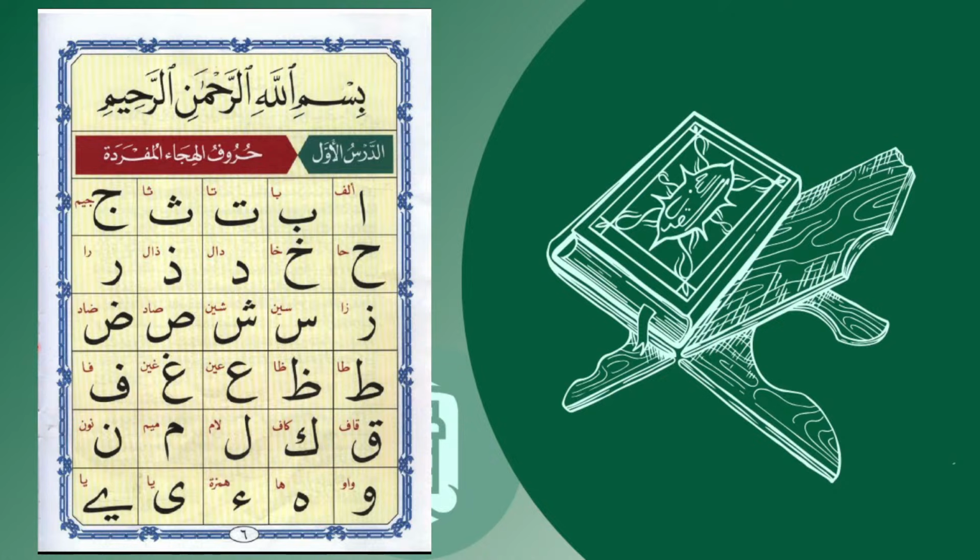Before we continue, notice what each letter is doing with the satr, with the baseline. Starting with Aleph, do you see that all of the Aleph is sitting on the baseline?